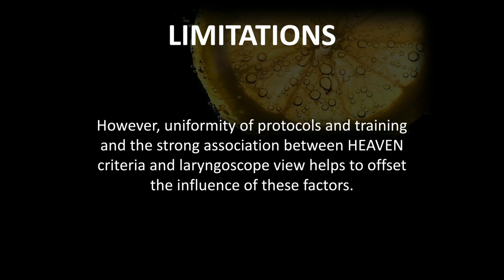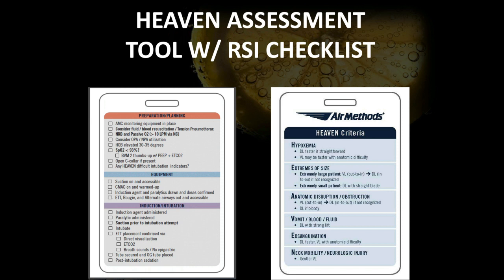And make sure that everybody understands HEAVEN, that they understand how to assess a patient with HEAVEN criteria. Making sure that they understand the different VL versus DL views and when to apply them. But ultimately to teach how to manage these patients. And that was one of the thought processes to offset the influence regarding those factors.